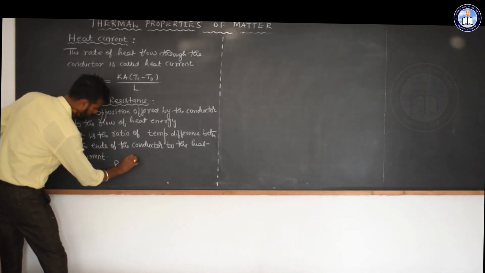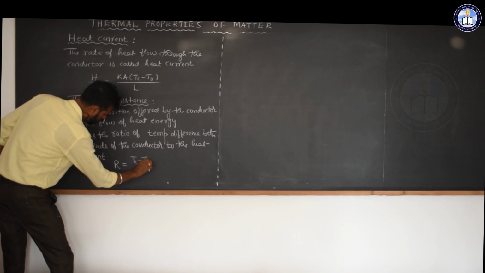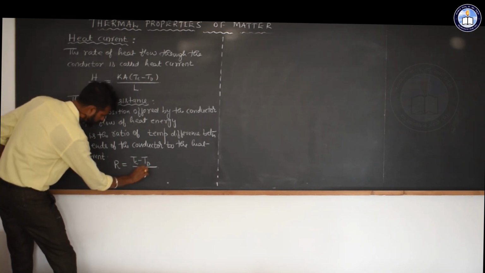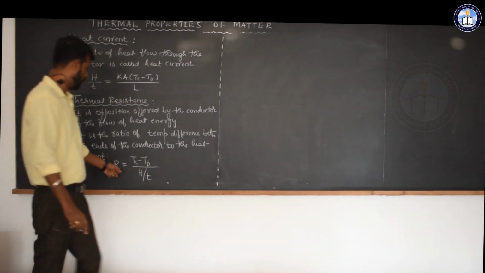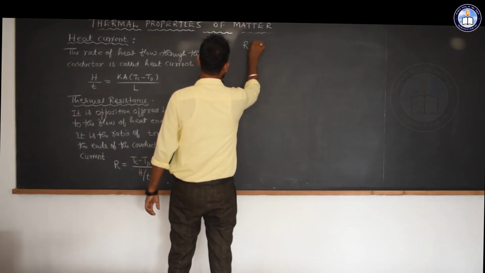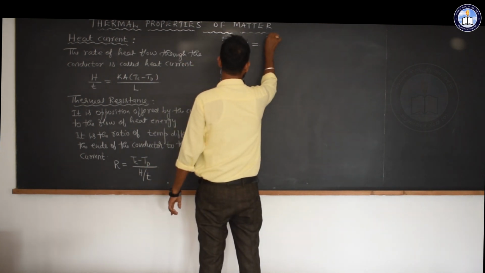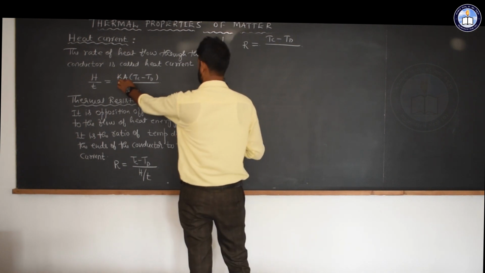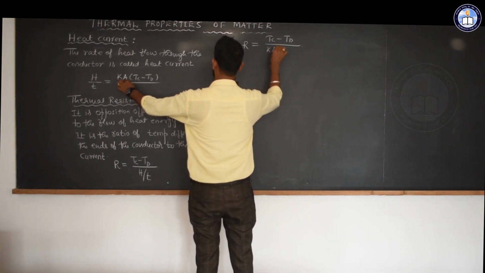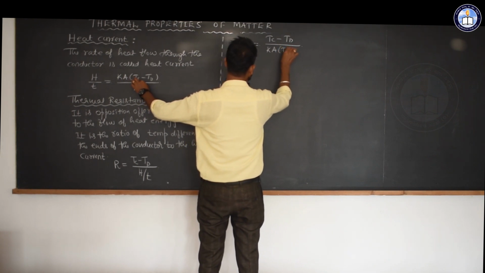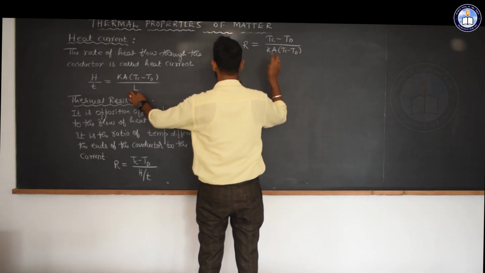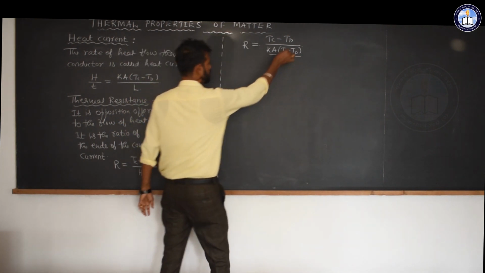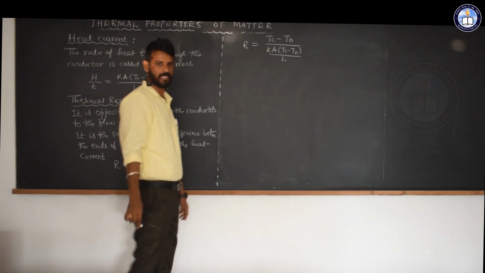temperature difference Tc minus Tb divided by heat current. Heat current is H by t. Or this can be expressed as R is equal to Tc minus Tb divided by H by t, which gives Ka (Tc minus Tb) divided by L. Now just see that this Tc minus Tb cancels out.